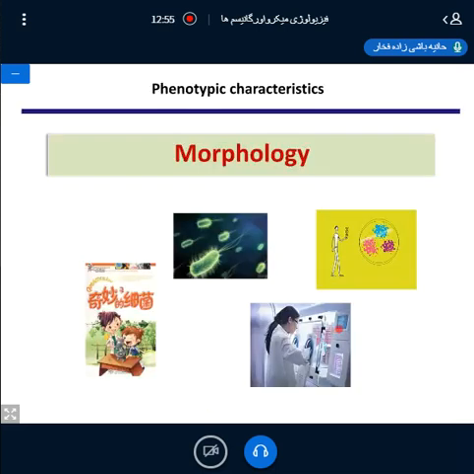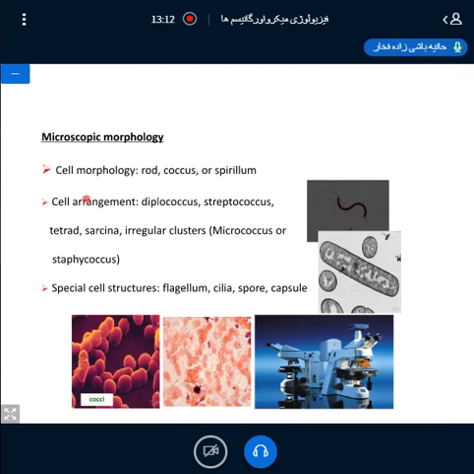Okay, and here we have morphology. It is important. Phenotyping characters are important for classification. Morphology, what does it mean? Microscopic morphology, we can classify with these characters.